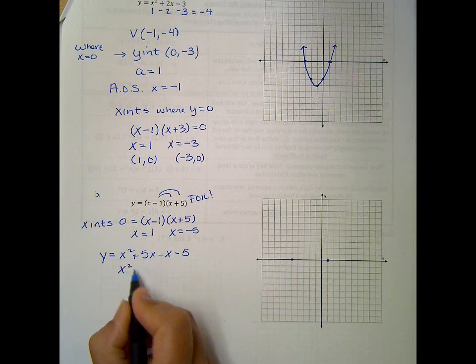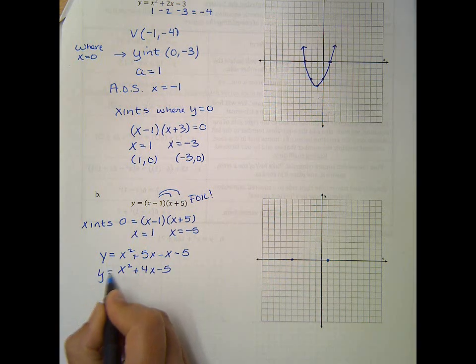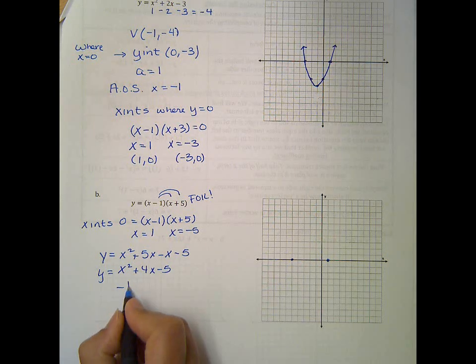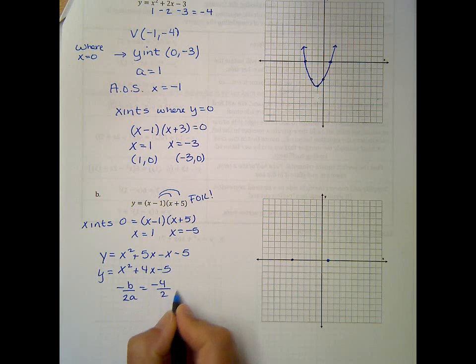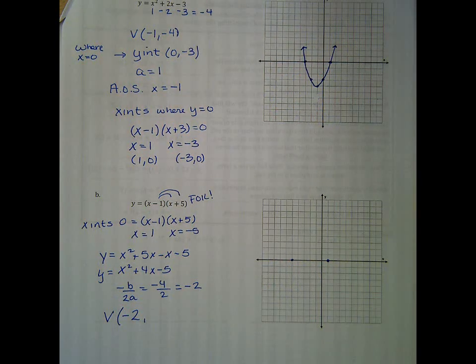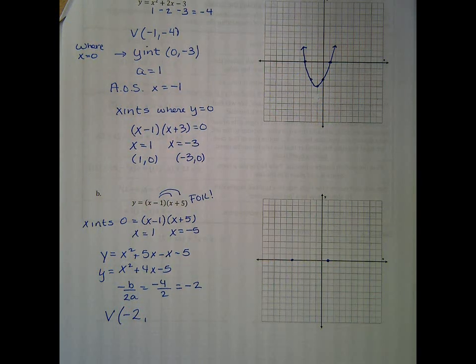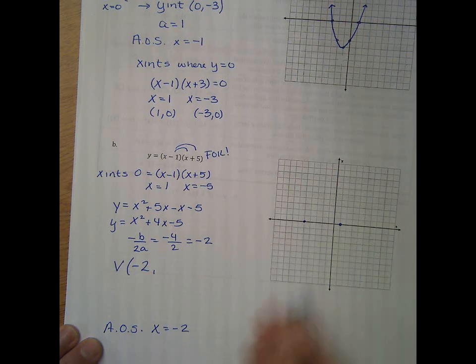So x squared plus 4x minus 5. Now if we do opposite b over 2a, we get -4 over 2, which is -2. So our vertex x coordinate is -2. That also helps me find that axis of symmetry. I can go ahead and put it as x equals -2.